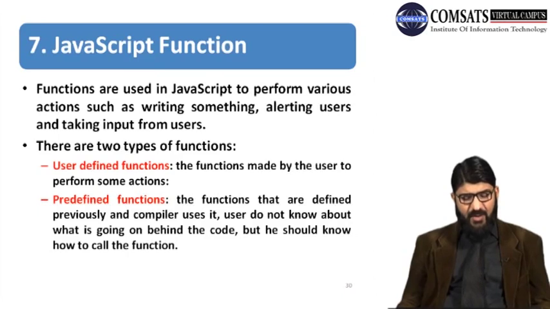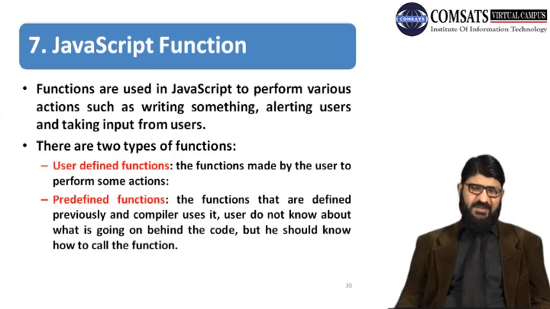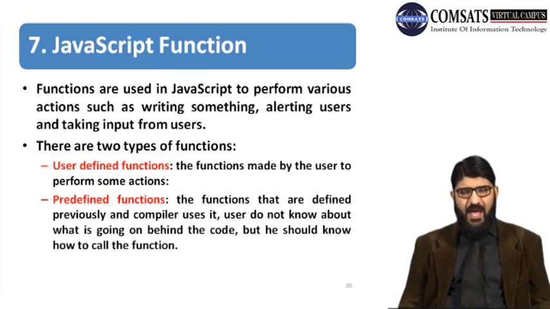The user doesn't know what code is going on behind them, but should know when to call that particular function. So predefined functions are already available in JavaScript, and the user just needs to know when to call and use them, without knowing the code executed behind that function.